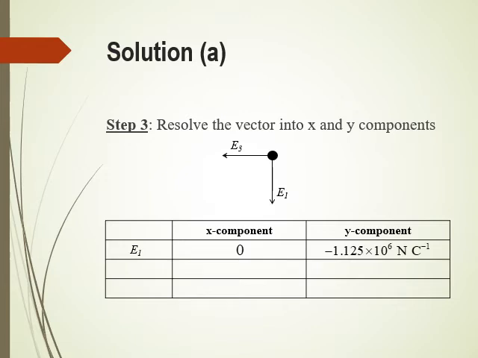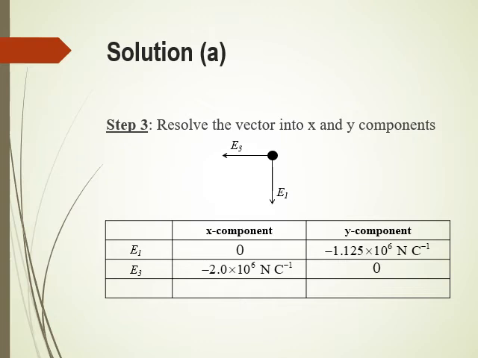How about E3? If you look at E3, E3 is lying on the x component, which means the x component is equal to negative 2 times 10 to the power of 6 newton per coulomb. Now, the negative sign here indicates that the vector is pointing to the left-hand side. And the y component is equal to 0 because this vector is just lying on the x component.